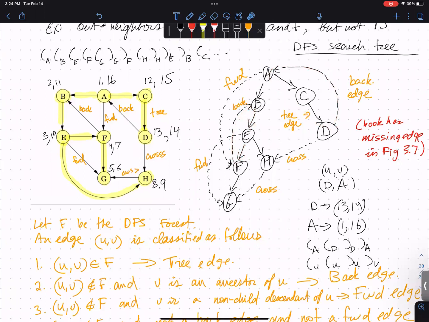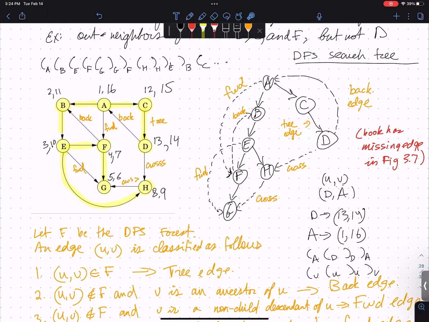That's the intuition. Why? Well, the definition of a back edge is that you go from a node to an ancestor in the tree. But an ancestor in the tree means that there's a way then to come back down to the original node. So this DAG can be mapped onto this graph as well. And that's the intuition there.